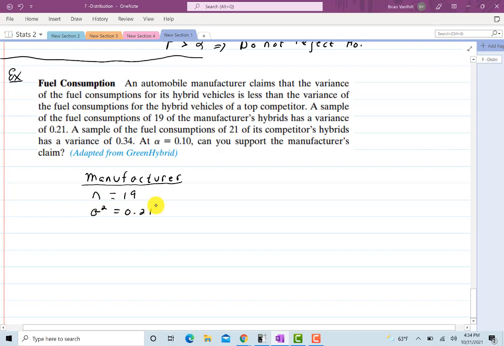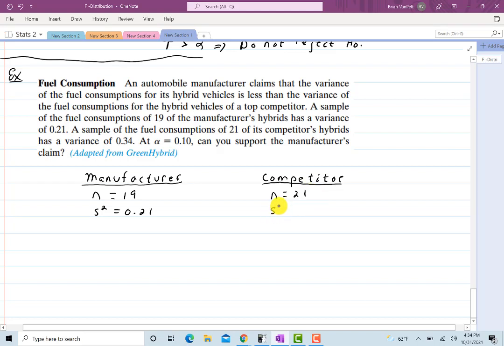And now let's take a look at, and I made a mistake there. That is the sample variance. And now look at the competitor. How many of those did they pick up? N for them was equal to 21, and its variance was 0.34.